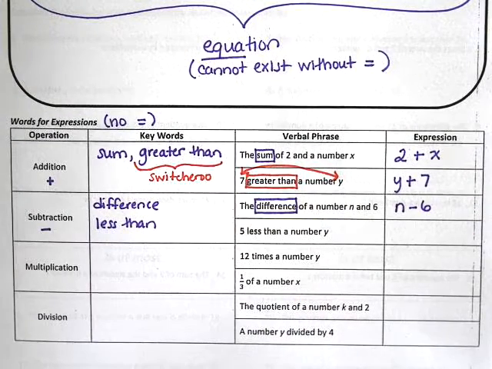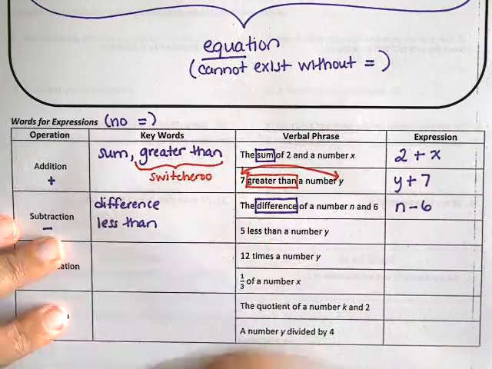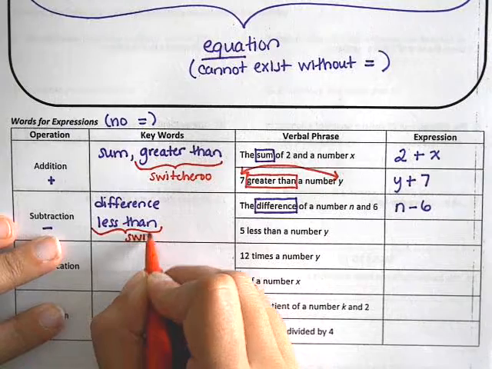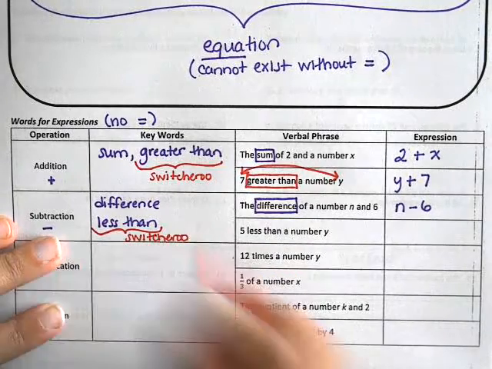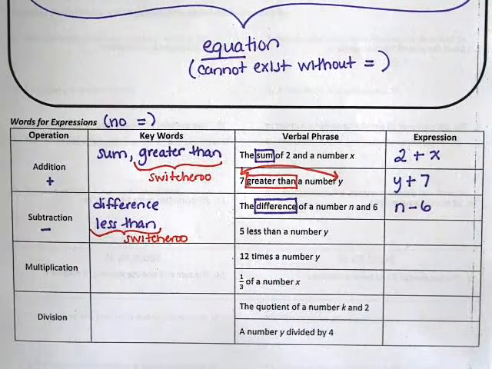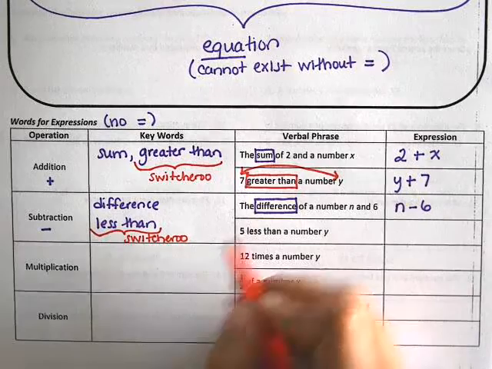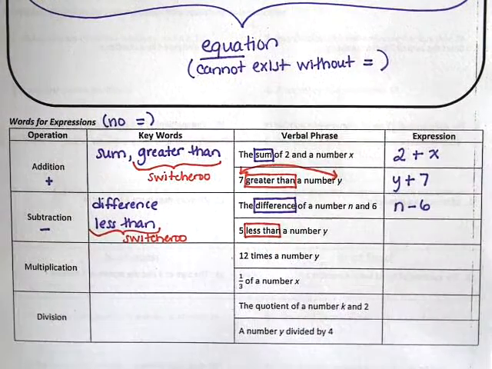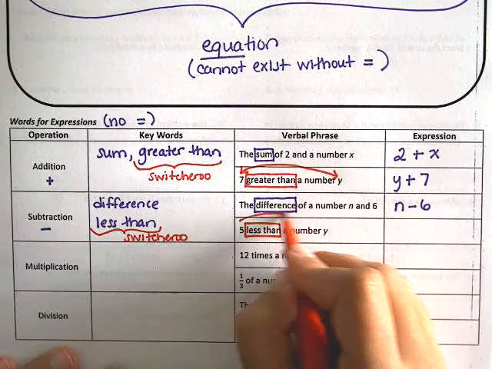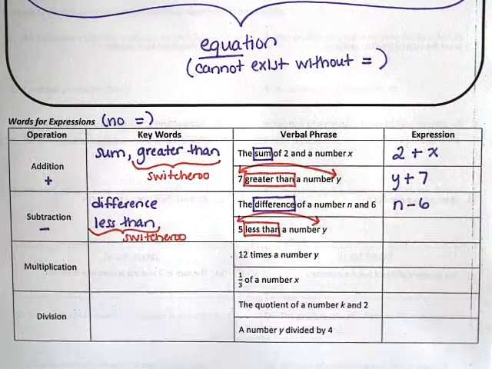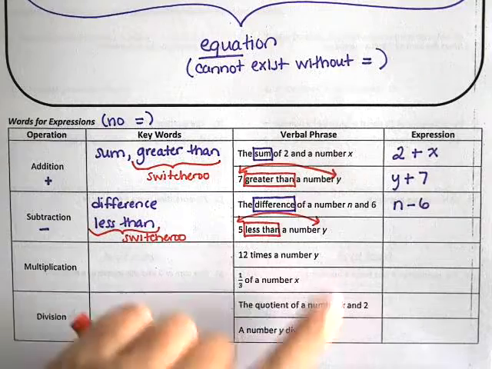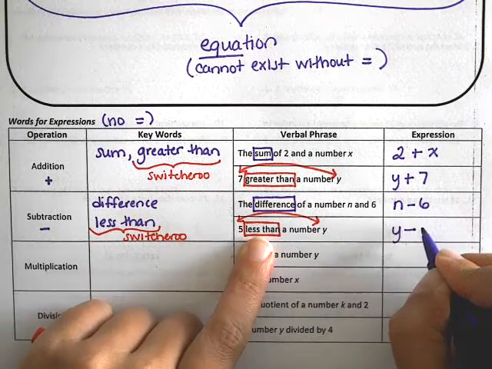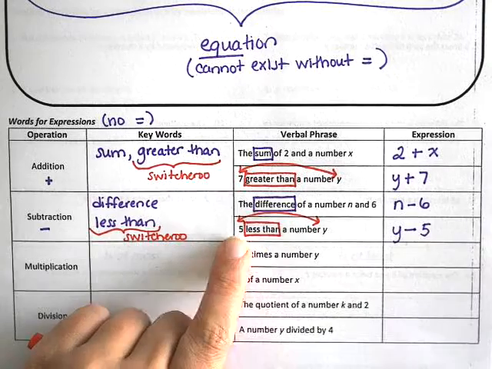Now, just like greater than was a switcheroo, less than is also a switcheroo. Pretty much anytime you see the word than, you need a switch. So when I see a problem that says 5 less than a number y, it actually means to switch the order in which I'm writing the phrase. So the y would go at the beginning, then the minus sign, then the 5.